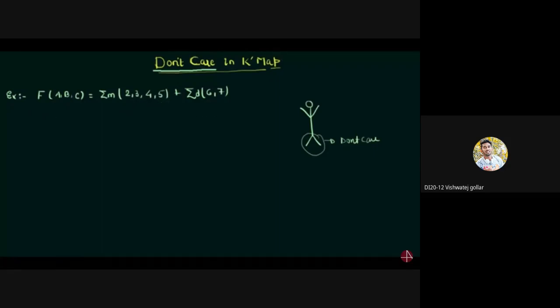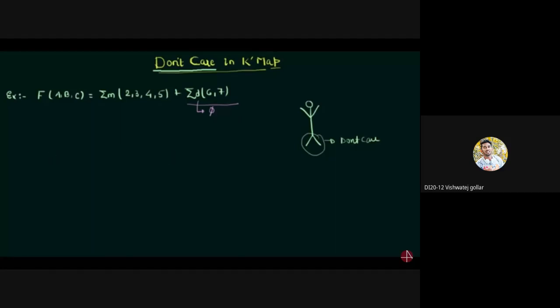Summation d represents the don't care. Instead of d, you could have phi, which is sometimes used. And 6, 7 are the cells in which we have the don't cares, which means m6 and m7 are the don't care conditions.